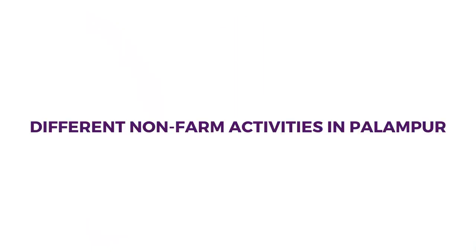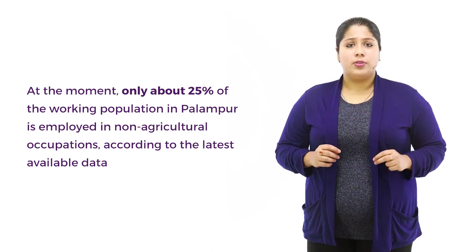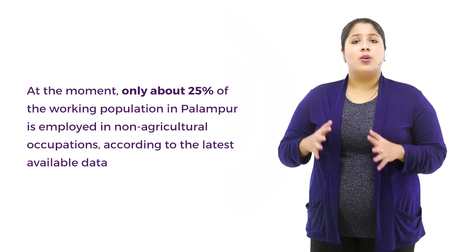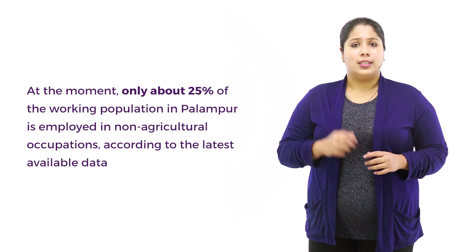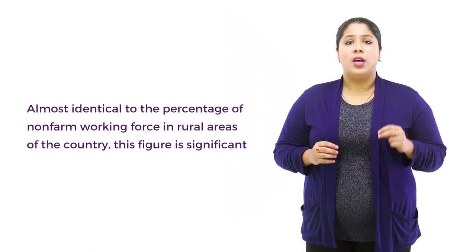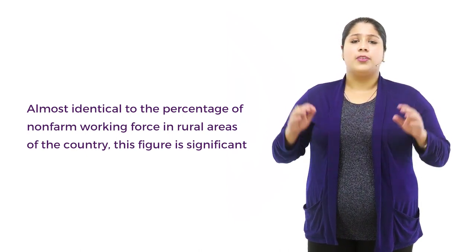Different non farm activities in Palampur. At the moment, only about 25% of the working population in Palampur is employed in non agricultural occupations, according to the latest available data. This is almost identical to the percentage of non-farm working force in rural areas of the country. This figure is significant.